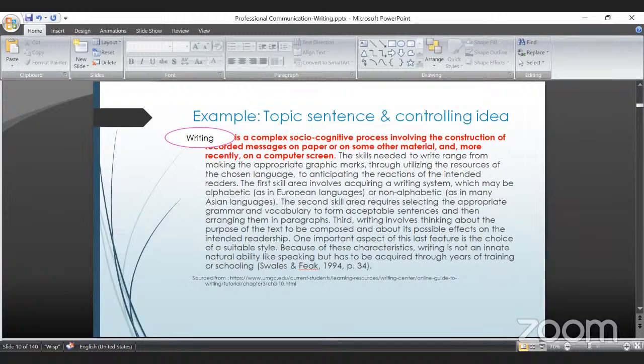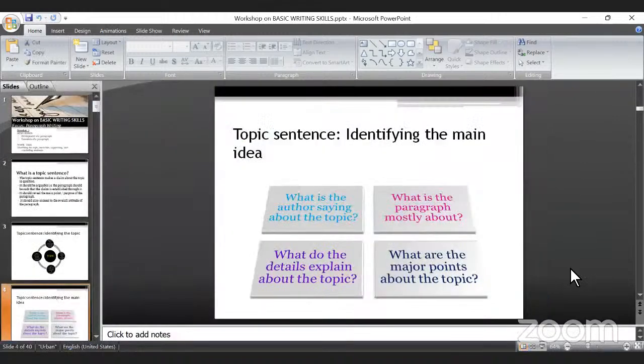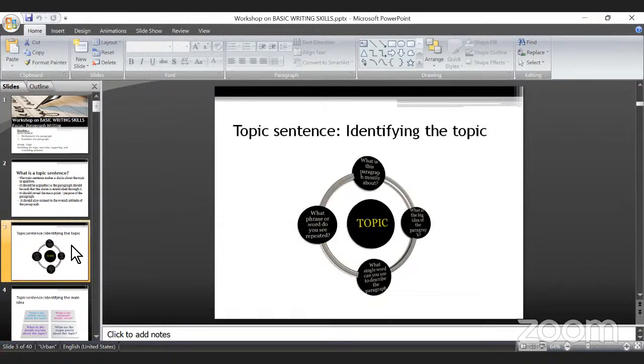So now, to talk about how you identify topic sentences, you can ask questions like, what is the author saying about the topic? To identify the topic, you can ask, what is this paragraph mostly about? Or what is the big idea of the paragraph? What phrase or word do you see repeated?